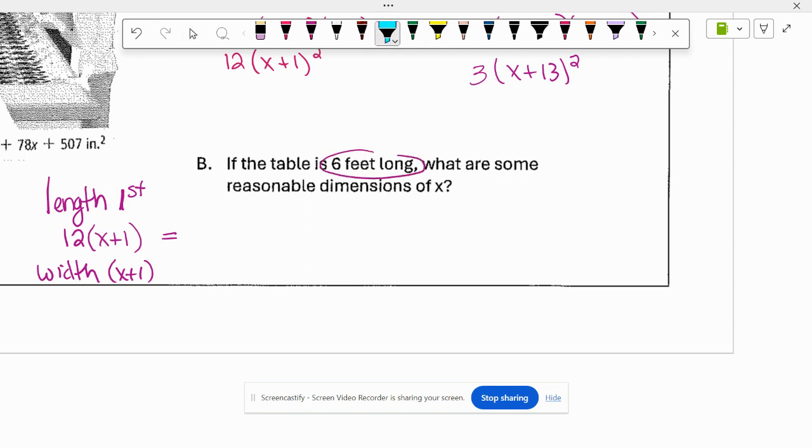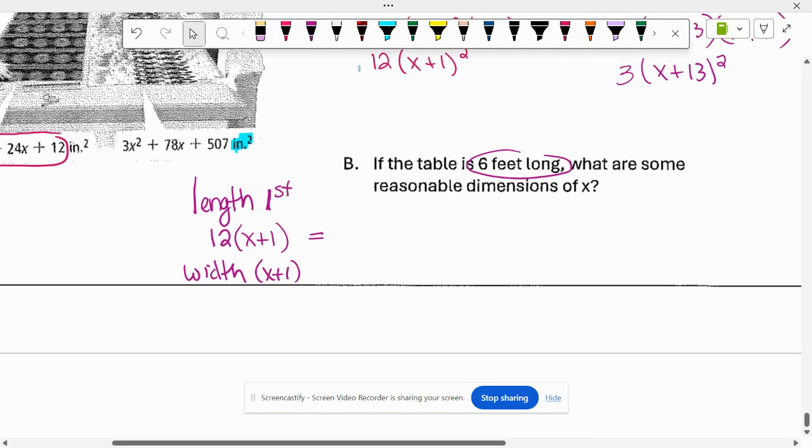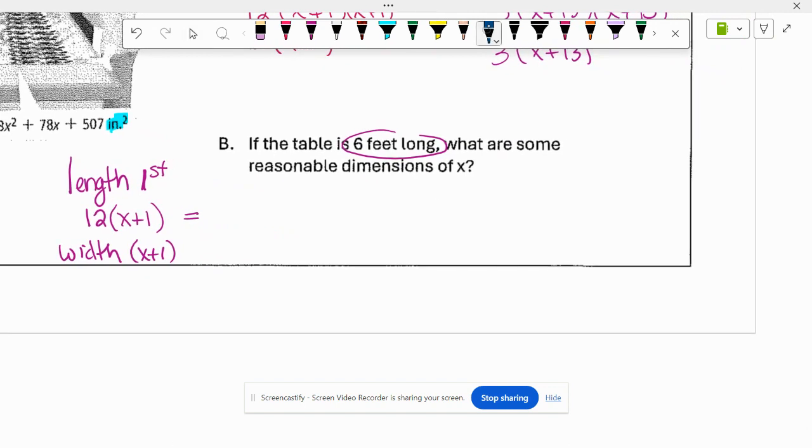The first thing you need to know is this is given to me in inches, right? These dimensions are in inches squared. So I need to figure out how many inches are in 6 feet, which is 72. So if the length is the longest piece, 12 times x plus 1 cannot be any bigger than 72.